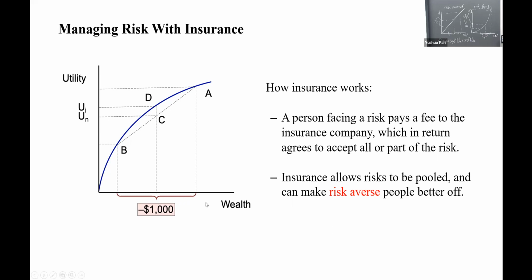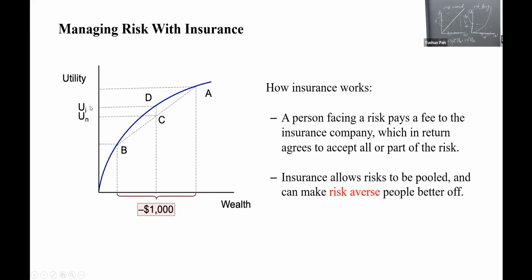So in that case, if I pay $500, this is the new wealth I'm going to have. With the new wealth, draw a vertical line and intersect with the utility curve. That's point D, and that's the utility with the insurance.